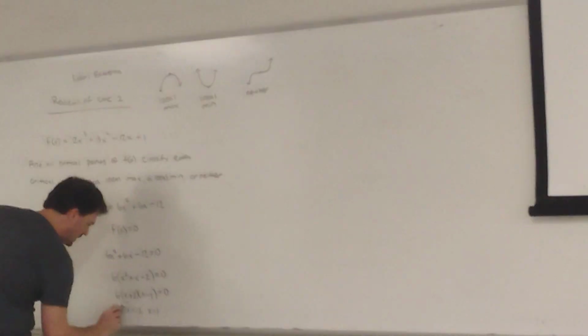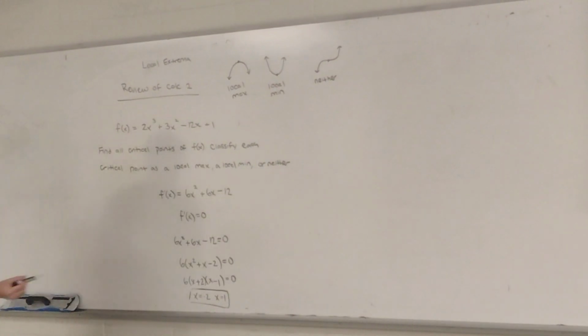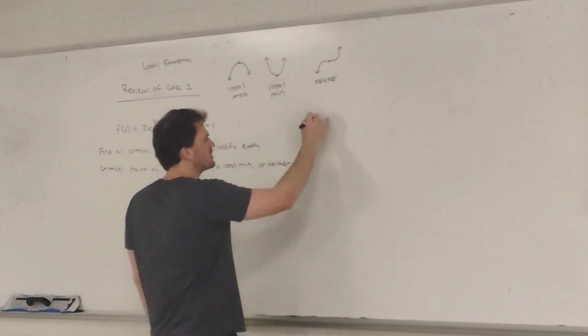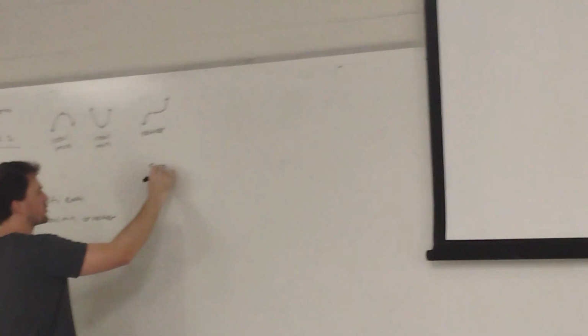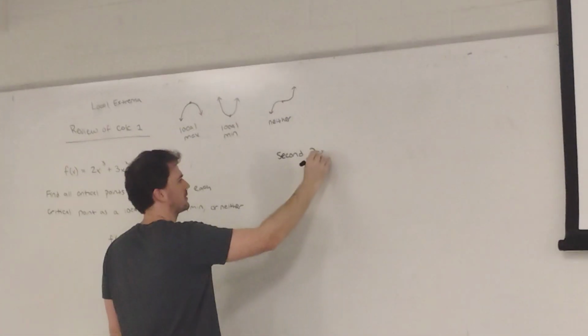Now the next part says classify each critical point as a local maximum, a local minimum, or neither. And the way that we were able to do that is using the quote-unquote second derivative test.